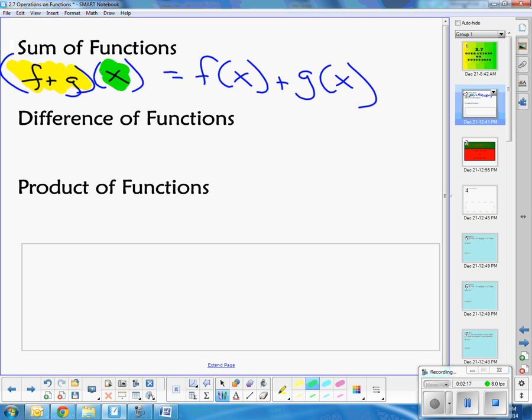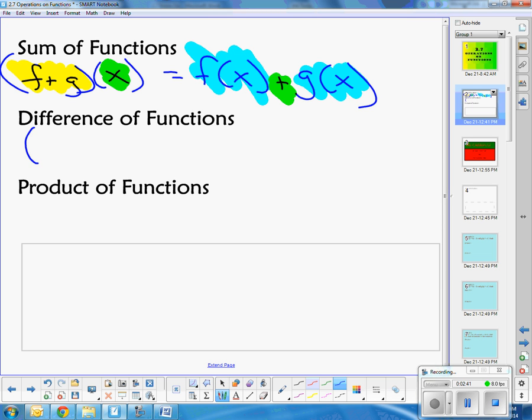As opposed to the right side, which says, well, you could find f of x, you could find g of x, and then you could add them together. So it's a matter of being able to do that in either order. And generally, it's easier to take the individual pieces, get the answers, and put them together afterwards. And so that's what the sum of functions is.